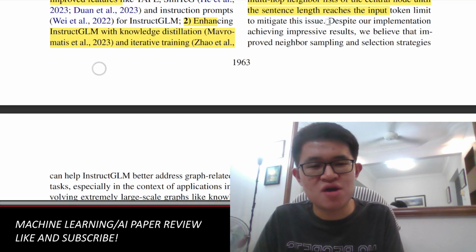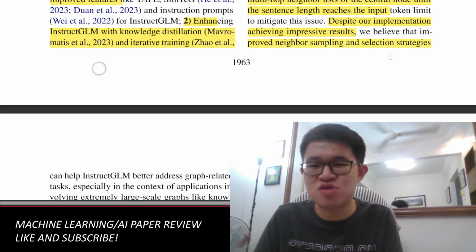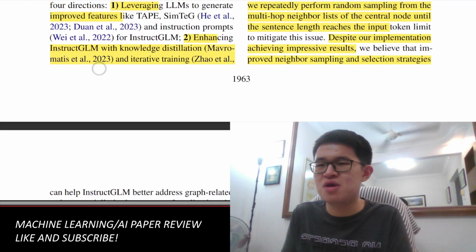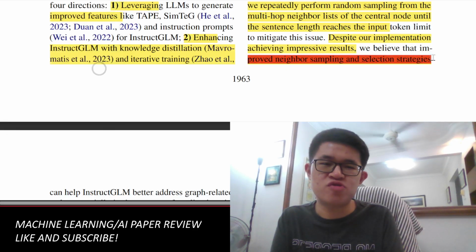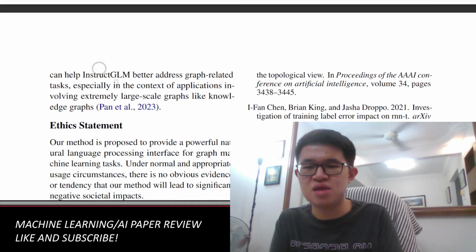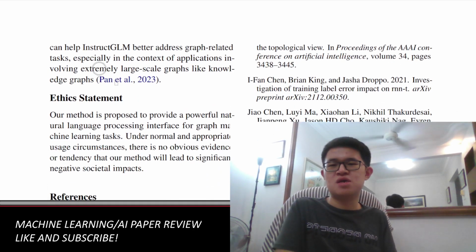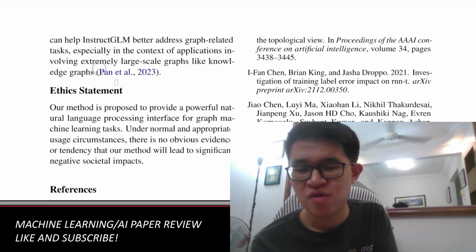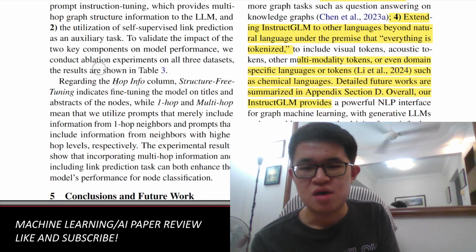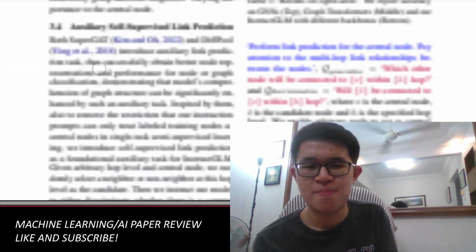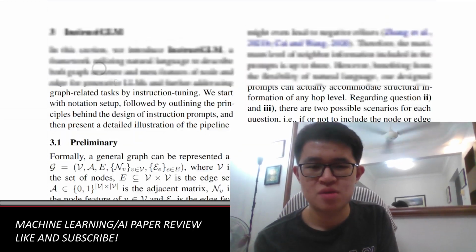So okay, despite our implementation achieving good results, we believe that improved neighbor sampling and selection strategies... Okay, so here's their future work: selection strategies and neighboring sampling protocols can help the model to achieve better prediction quality. And that's understandable, right?